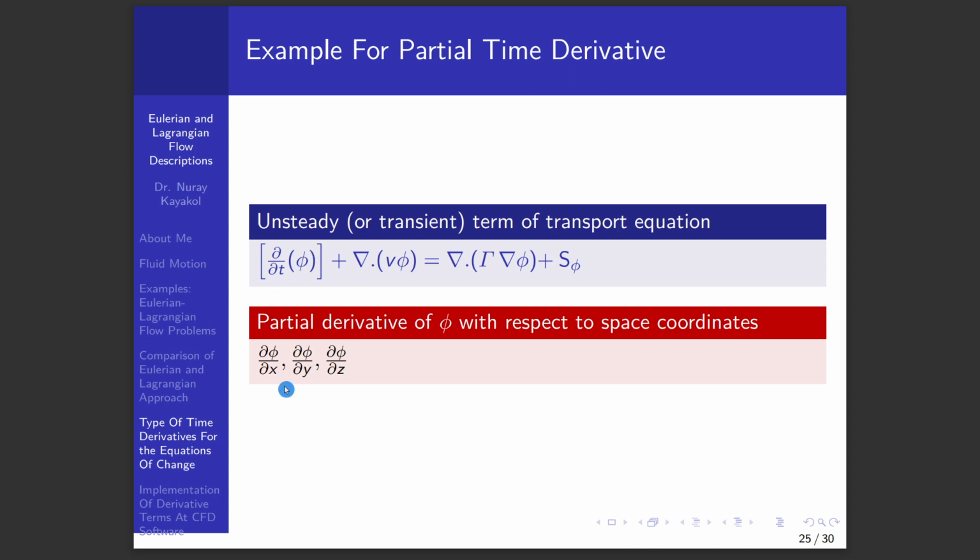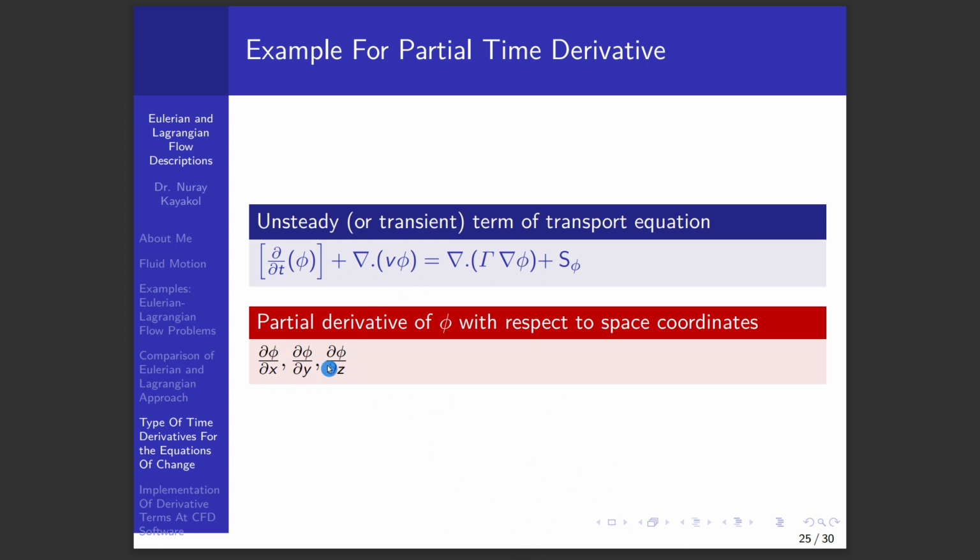Below this equation, you see del phi over del x, del phi over del y, or del phi over del z. These are not partial time derivatives. These are partial derivatives of phi with respect to space coordinates. So you need to see the difference between partial time derivatives and the other partial derivatives with respect to space coordinates.